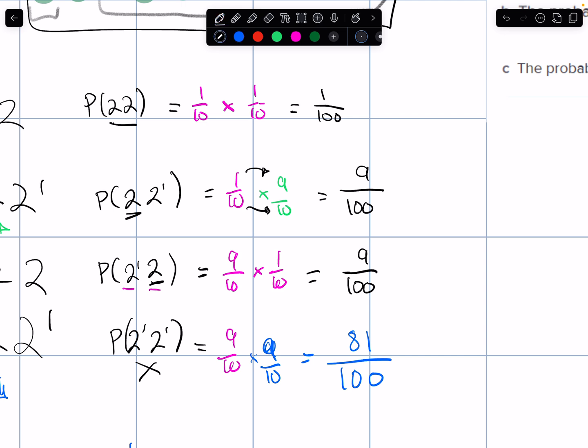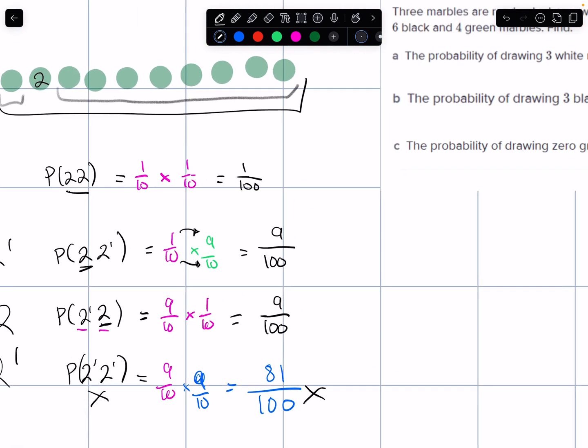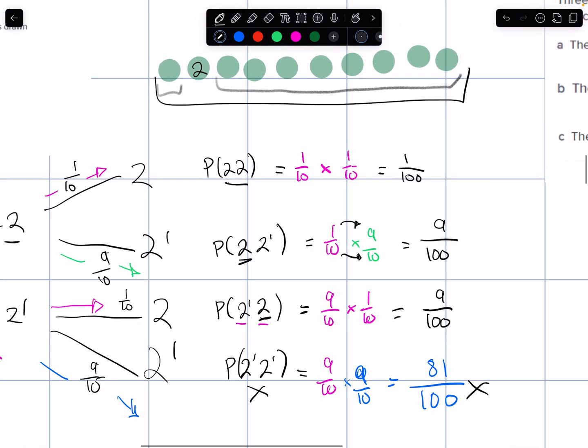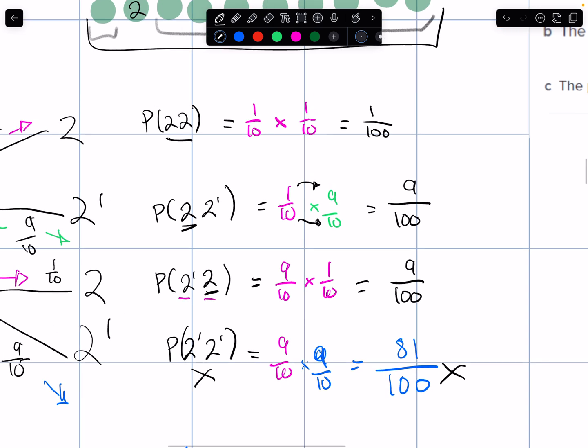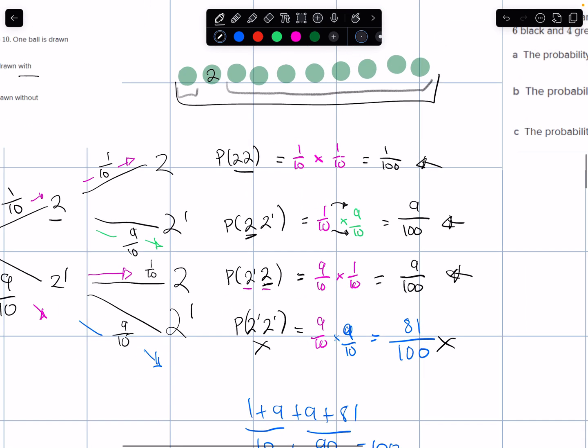Now, here, we're not actually looking at this. The question is, what is the probability of picking at least one 2? So this has a 2, this has a 2, and this has a 2. So we are going to add those together.